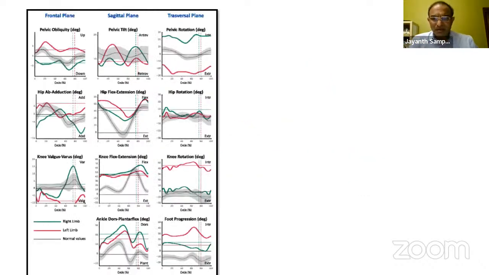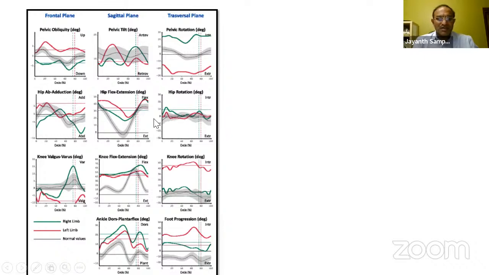So this is the kinematic graph of the same child. And you can see that there is a significant hemipelvic rotation. So there is severe retraction of the left hemipelvis and a corresponding protraction, because this is basically a single structure.